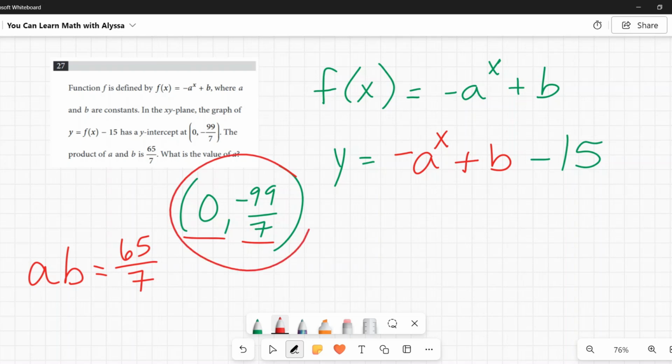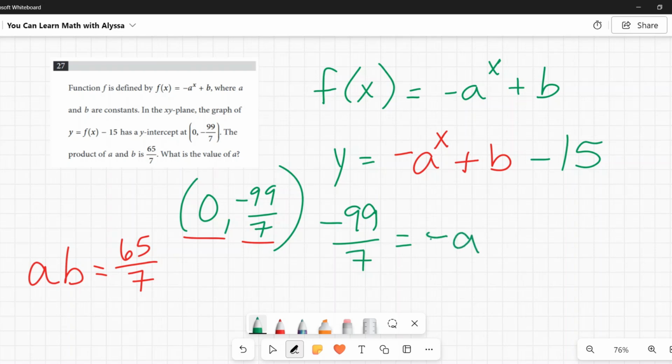Then let's go back to our number, and let's plug these in for x and y and see what we get. Let's put that weirdo negative 99/7 in for y. So weird. Then I'm going to put in 0 for my x.